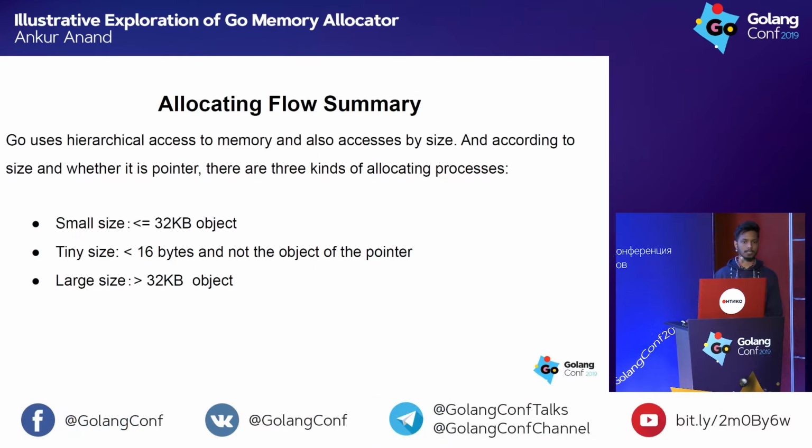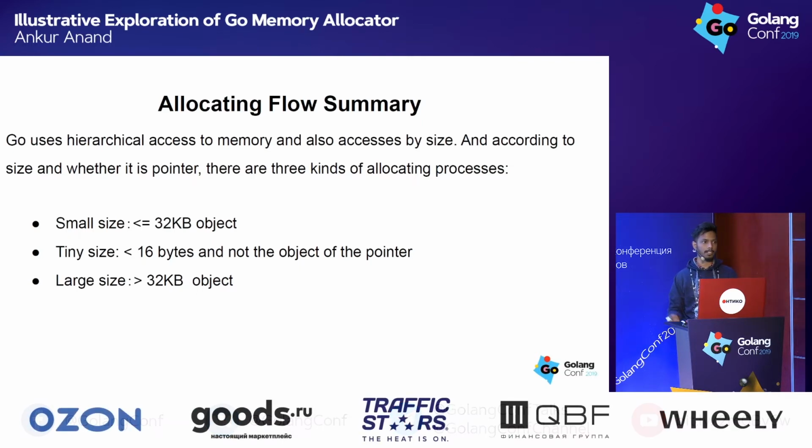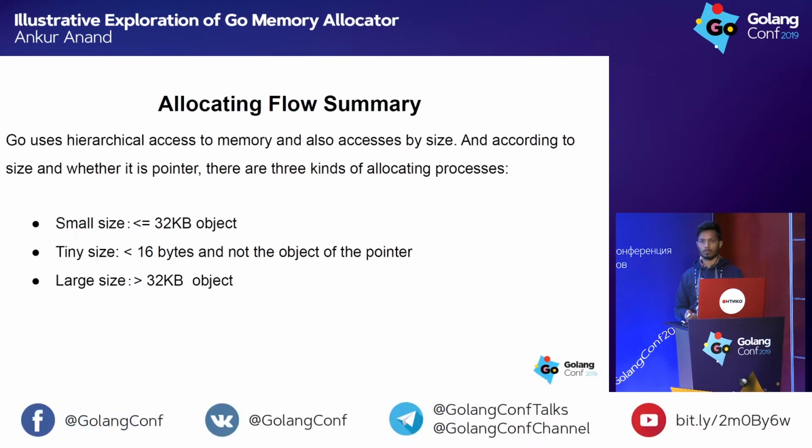If your object is less than 32 kilobytes, you are almost certain to have fast allocation. Also, there is one allocator for tiny sizes. If the object is under 16 bytes and contains no pointer, it will be allocated in the tiny allocator. Why? This is to reduce further fragmentation, because of how memory actually gets allocated: it has to be aligned at the word boundary.